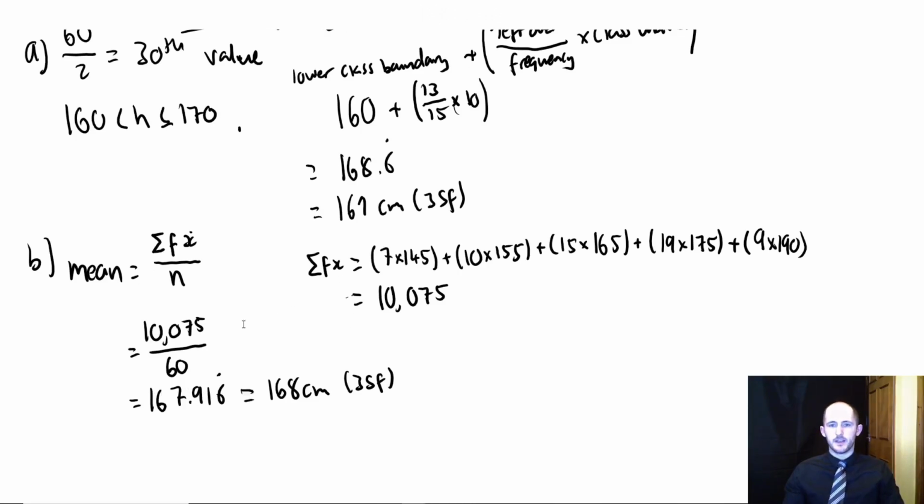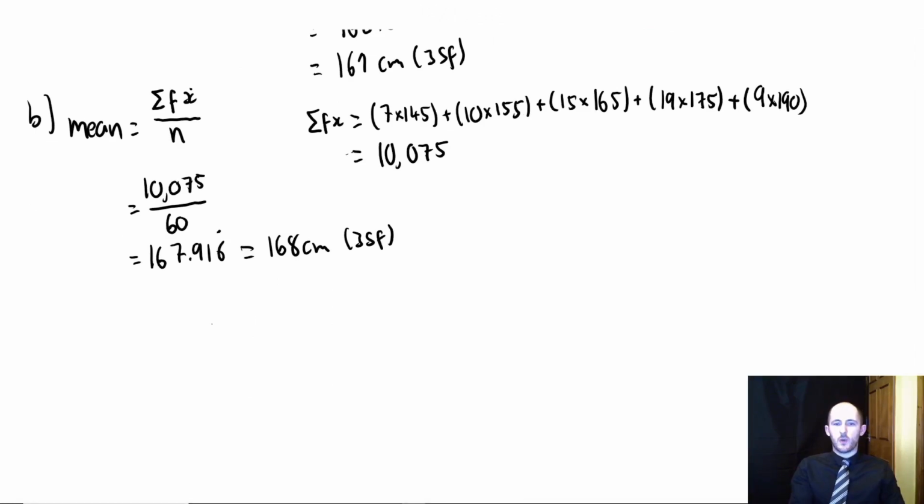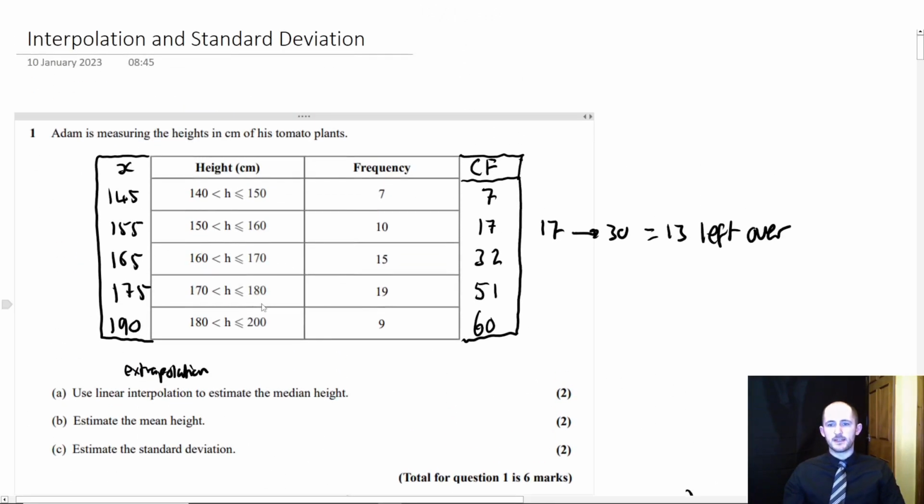Okay, standard deviation. So this is a new one that you probably haven't really come across before. So the standard deviation is basically a measure of how far the data is away from the mean on average. Okay, so if we look here, our mean is 168, let's say in this class. Now, the standard deviation is a measure of spread.